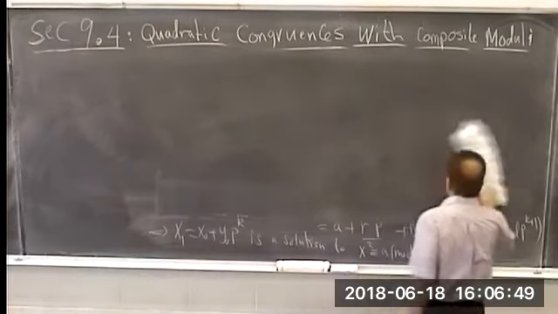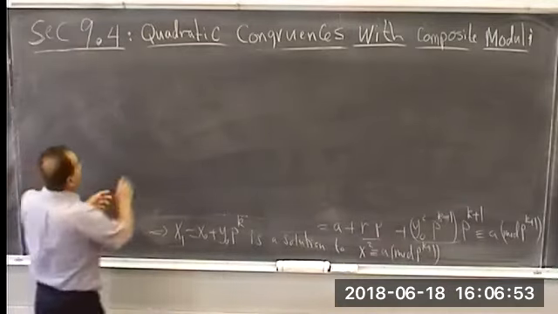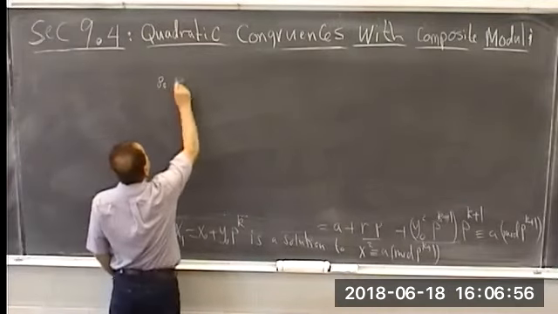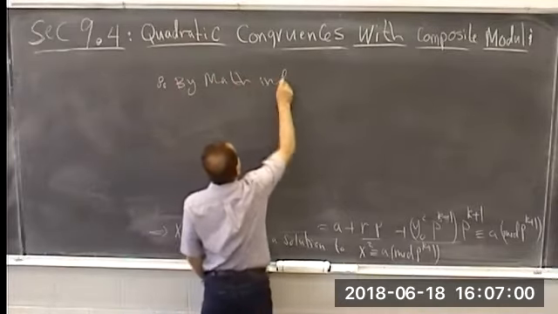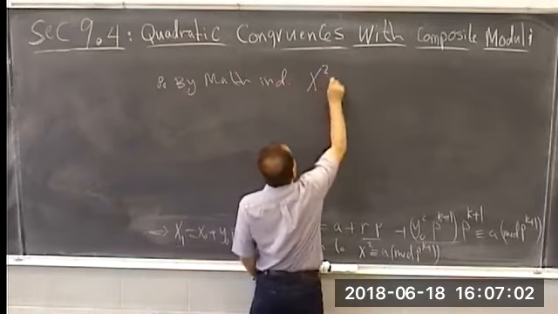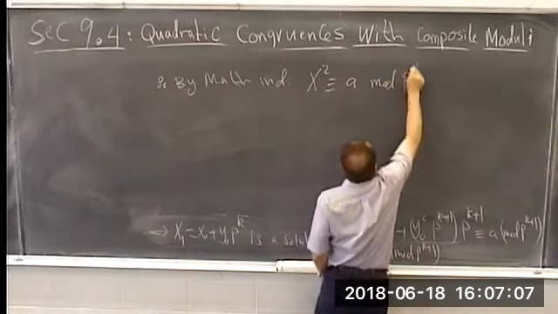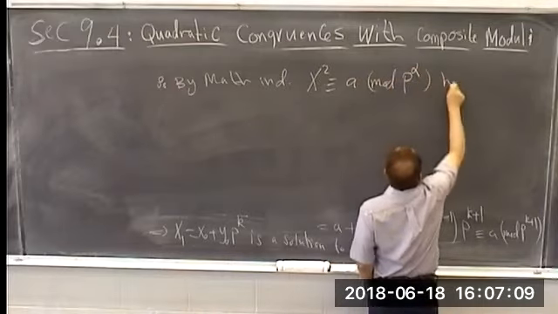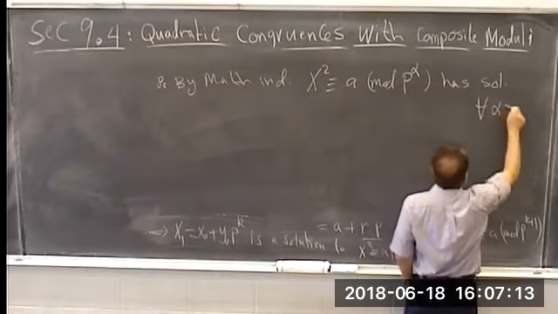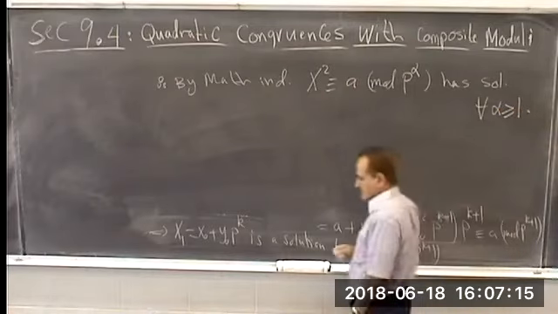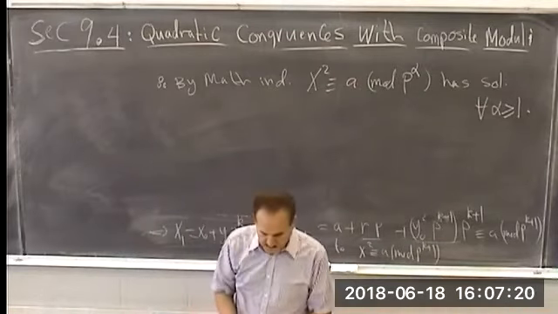So finally, therefore, by mathematical induction, x squared congruent to a mod p to the alpha has a solution for every alpha bigger than or equal to 1. All right, so this completes the proof of the theorem.